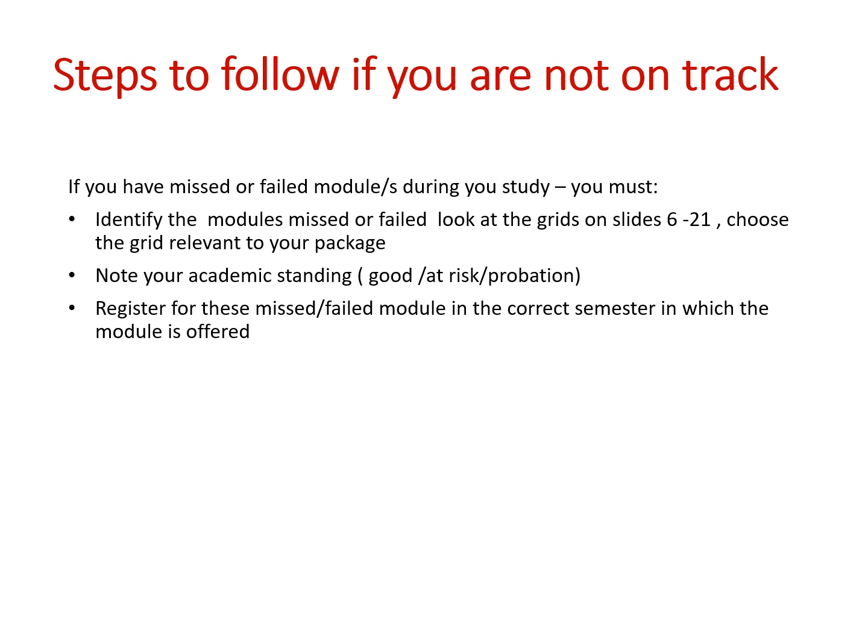Once you've identified the modules that you've missed or failed, it is your responsibility to make sure that you register for these missed or failed modules in the semester that it is being offered without exceeding the credit load per semester. Remember, you have to comply with the College of Humanities Rule 6, which states that no student is allowed to exceed credit.